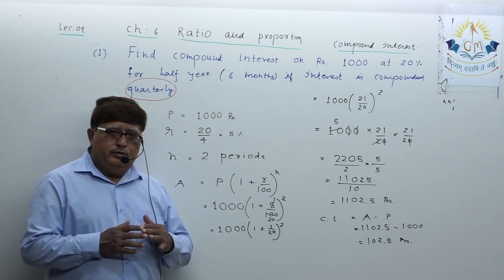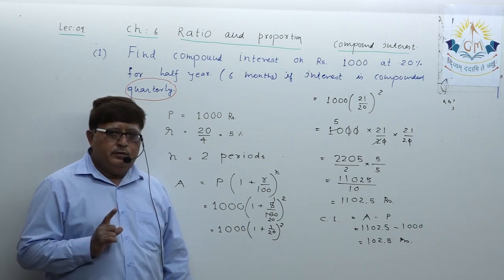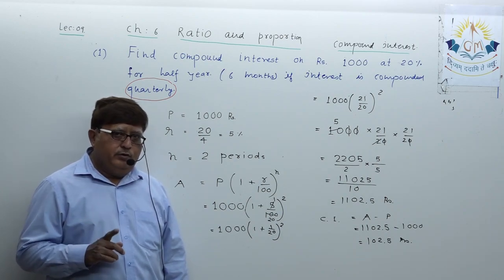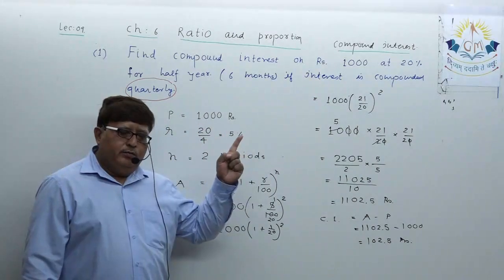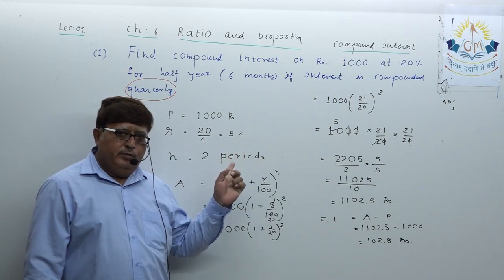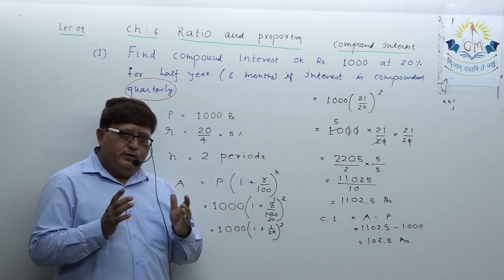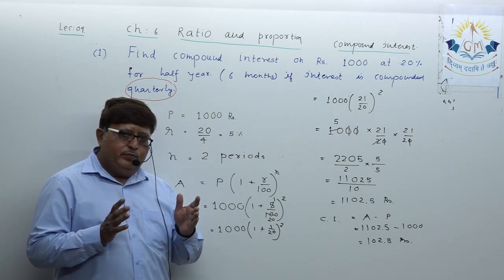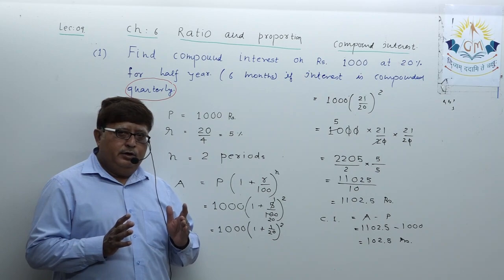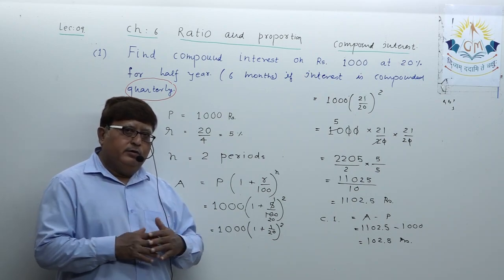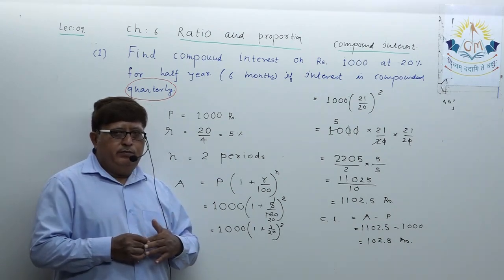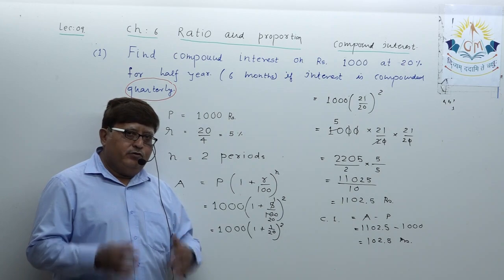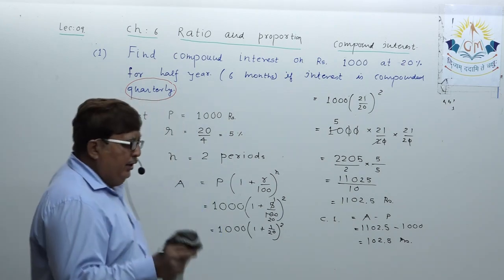Whenever you are going to calculate interest to be compounded quarterly, you need to be very sure that the rate of interest given is to be divided by 4, and whatever the time period is given, you have to be sure that this particular time period includes how many quarters.